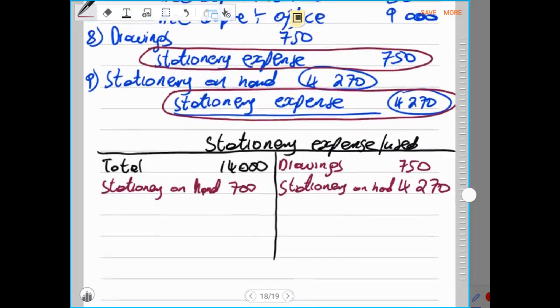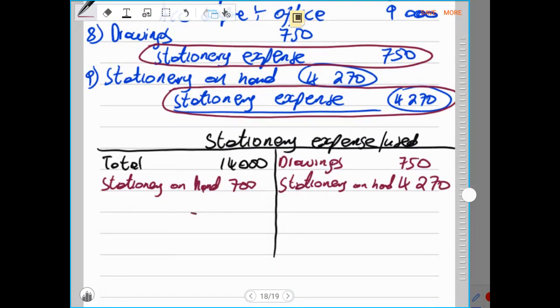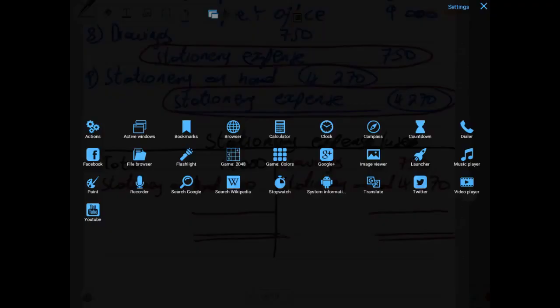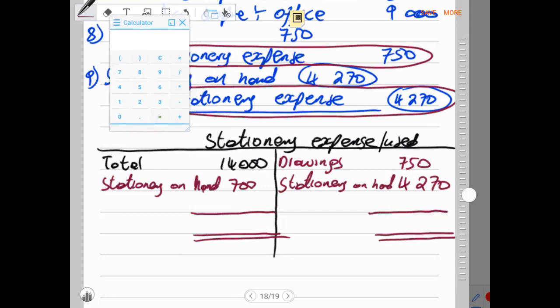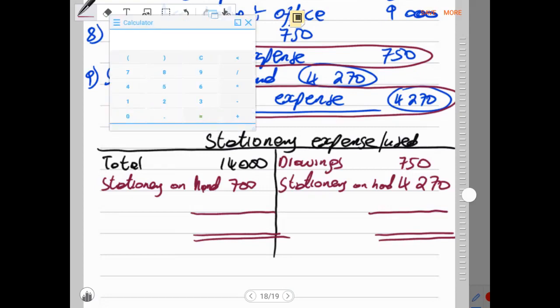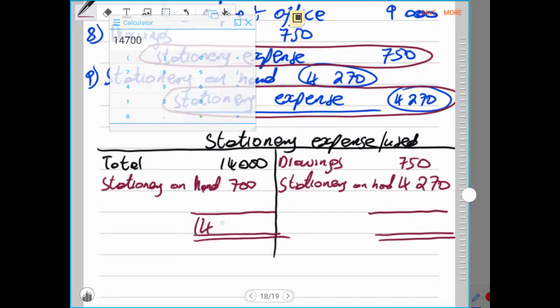So now after we have recorded all that, we can calculate the total of the bigger side, and the debit side will always be bigger. The credit side will never be bigger than the debit side in this ledger account, never. So we calculate the total of the bigger side: 14,000 rands plus 700 is 14,700 rands. 14,700 and 14,700.